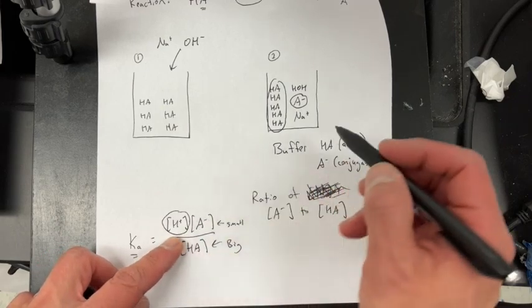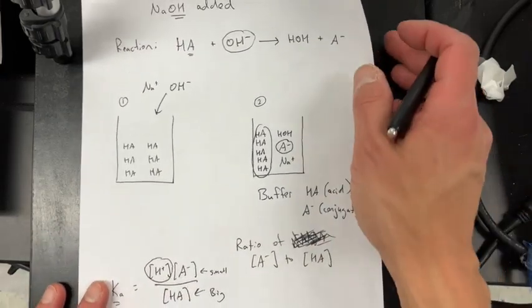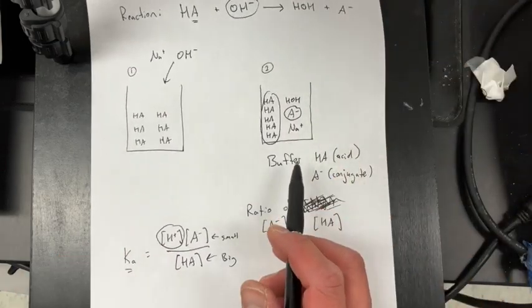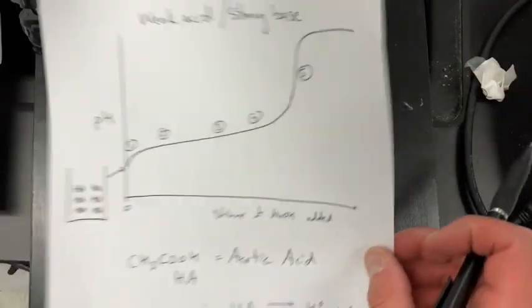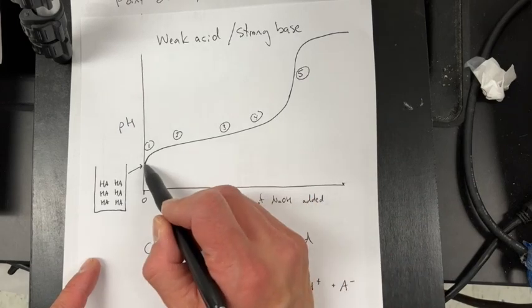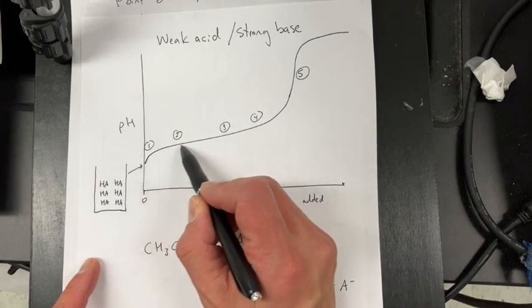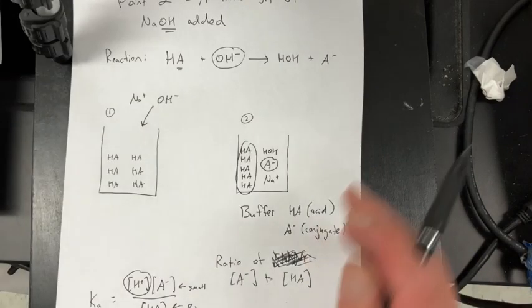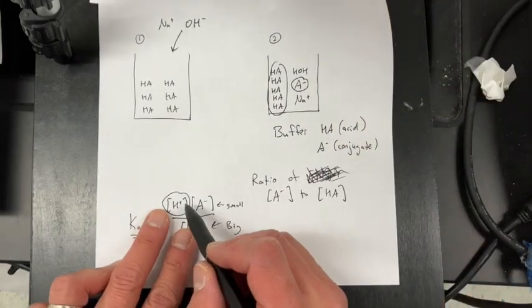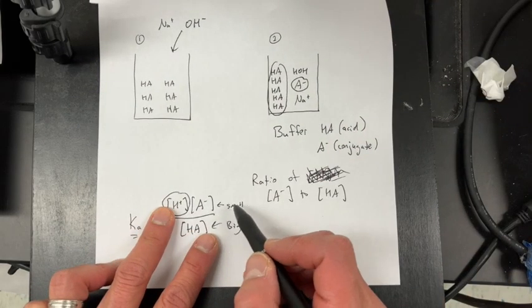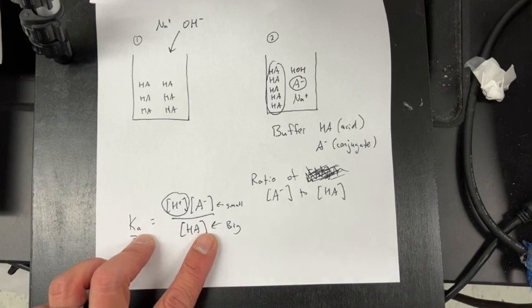Okay, so I still have a lot of H plus, and it's still acidic. Remember, if I look at my pH down here, it's still an acid, still pretty acidic, so this H plus is going to be a little bit bigger to make this all even out, okay?